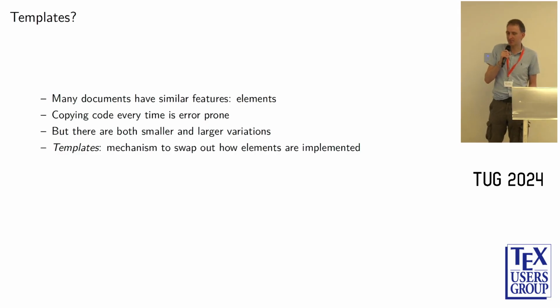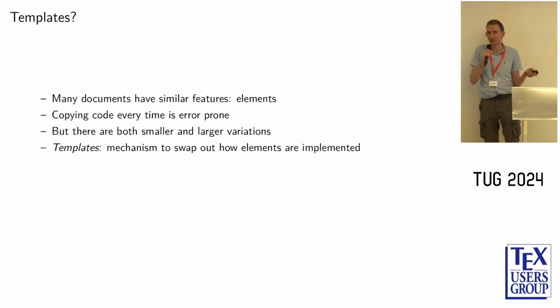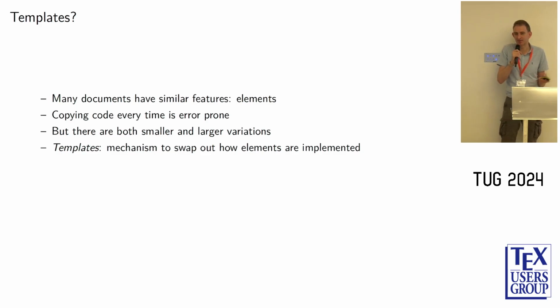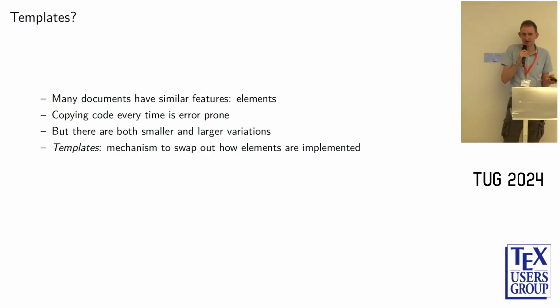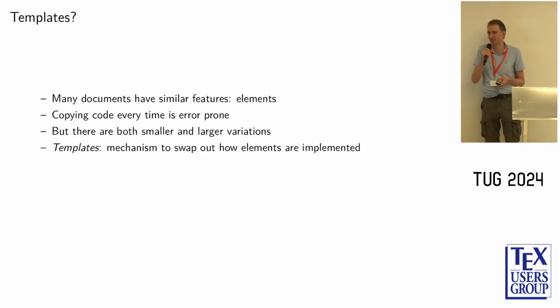So it's a mechanism for swapping out how elements are implemented. I'm going to explain how we can either use the same implementation and change settings, so you get minor variations, or if you need to make a bigger change, how we can have a completely different implementation of one of these document elements, which can be swapped between implementations so that the semantics of those elements stay the same.